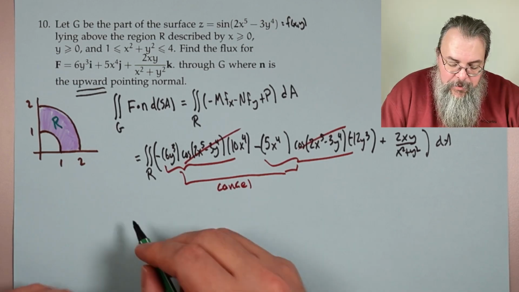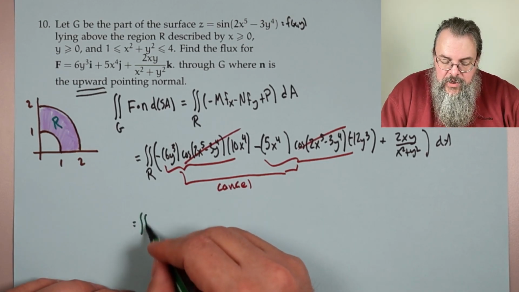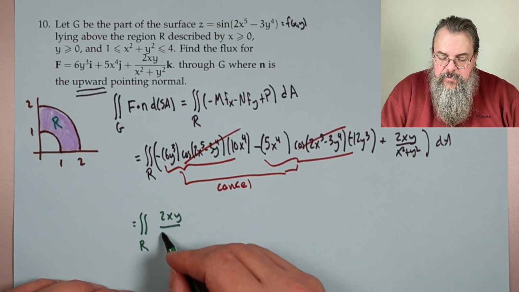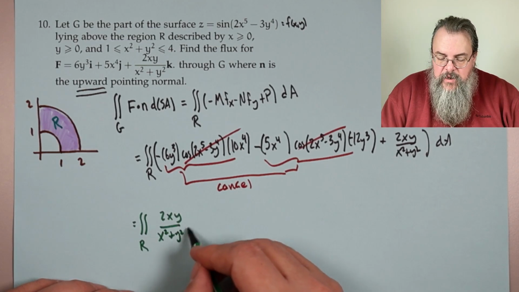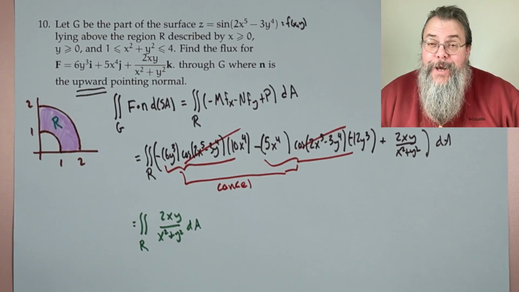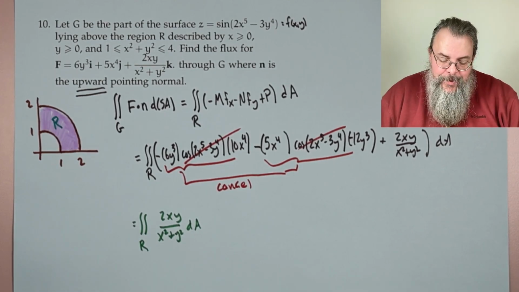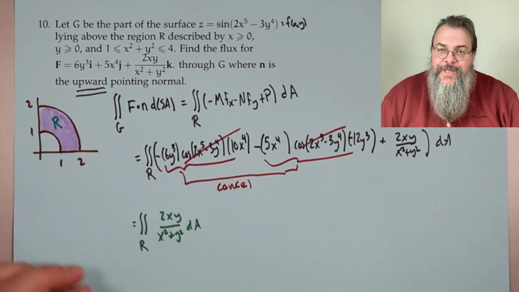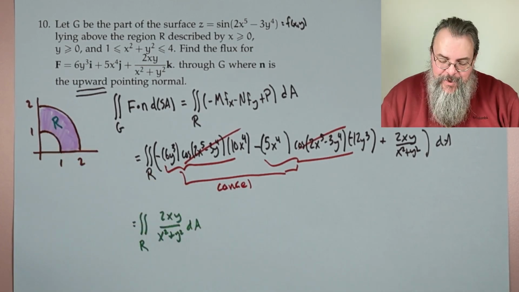All right, so here we go. We're down to the following. We have the integral over our region of 2xy divided by x squared plus y squared dA. Now, how are we going to do this one? Well, it's feeling polar, right? Yeah, the region. Of course it's going to be polar.